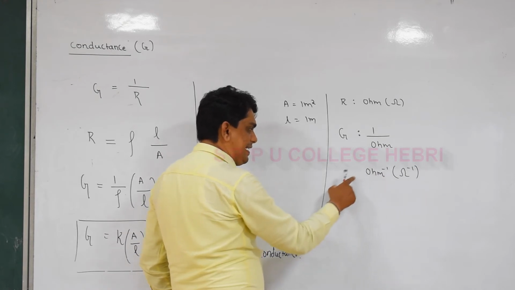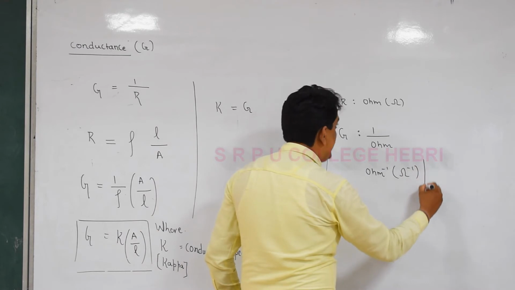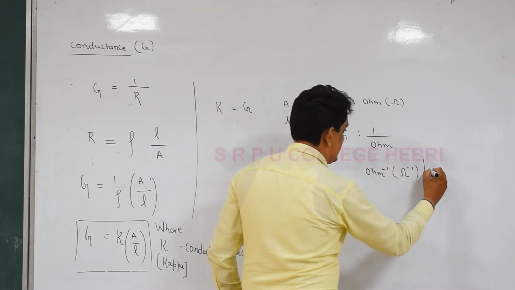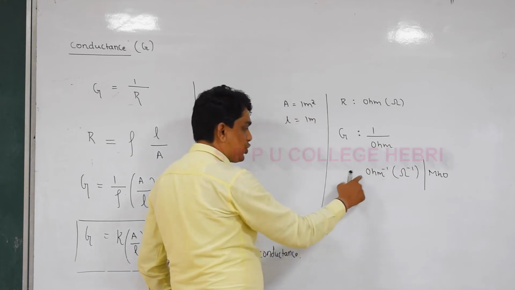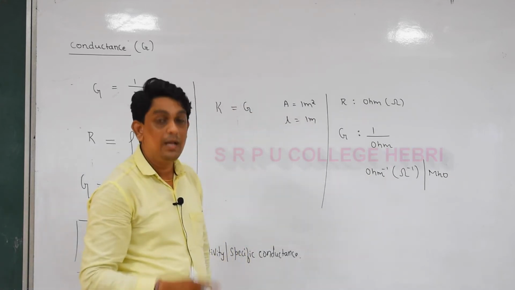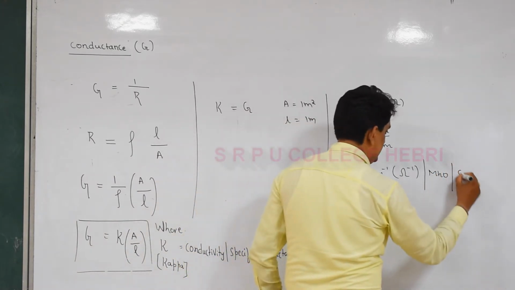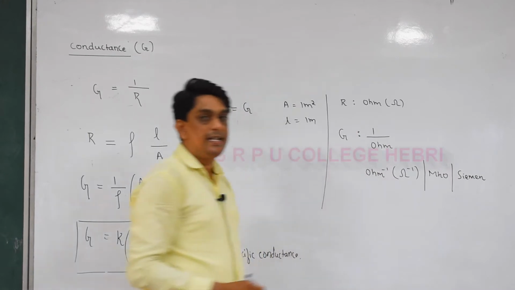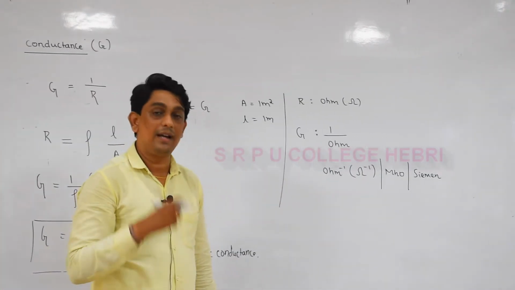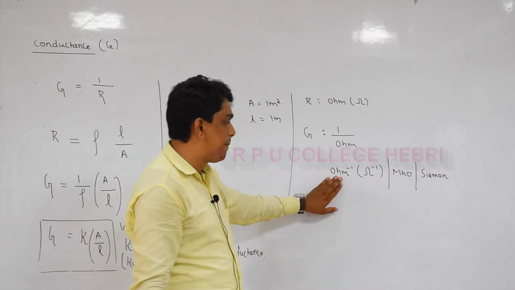If you read it in reverse, it becomes mho. So even you call the unit of conductance mho. You are just reading ohm in reverse. M-H-O, it is nothing but mho. But popularly it is called Siemens. Let me tell you that resistance is ohm, and conductance is the reciprocal of ohm, that is per ohm.